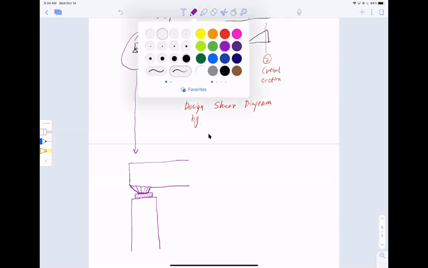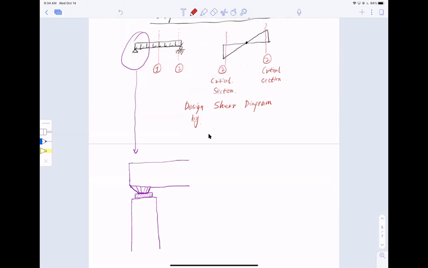So the question now is, you say the critical section is at the support, right? There are various locations. I can have right here in the middle line where it lines up, I can have right here at the edge of the support.